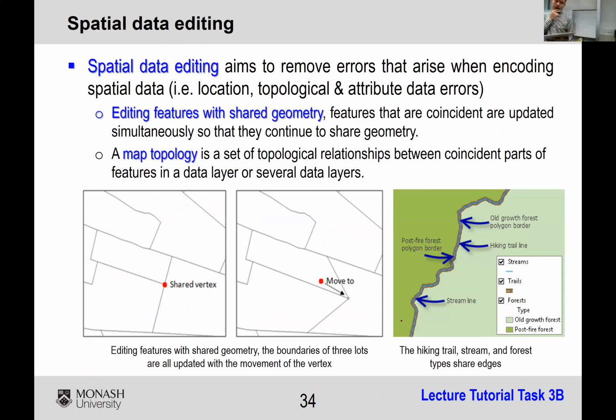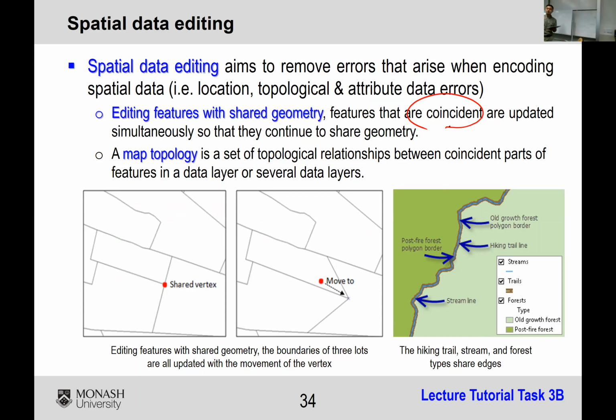And the next one is edit features with shared geometry. Because with vector data sources, usually we have features that share the same geometry. So that is called coincident. So the features can be coincident.